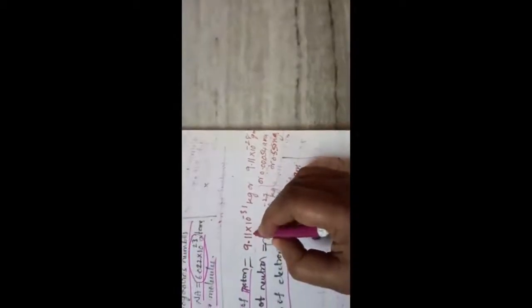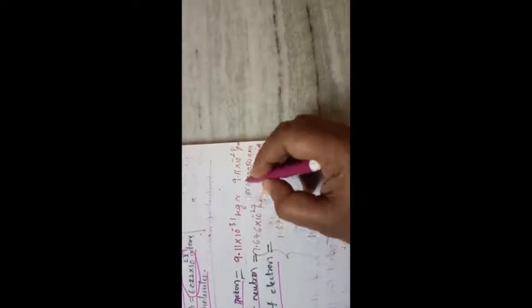Coming to the atomic mass, we need to consider neutrons and protons. We know the mass of proton, mass of neutron and mass of electron. So the mass of electron is 9.11 into 10 to the power of minus 31 kg.